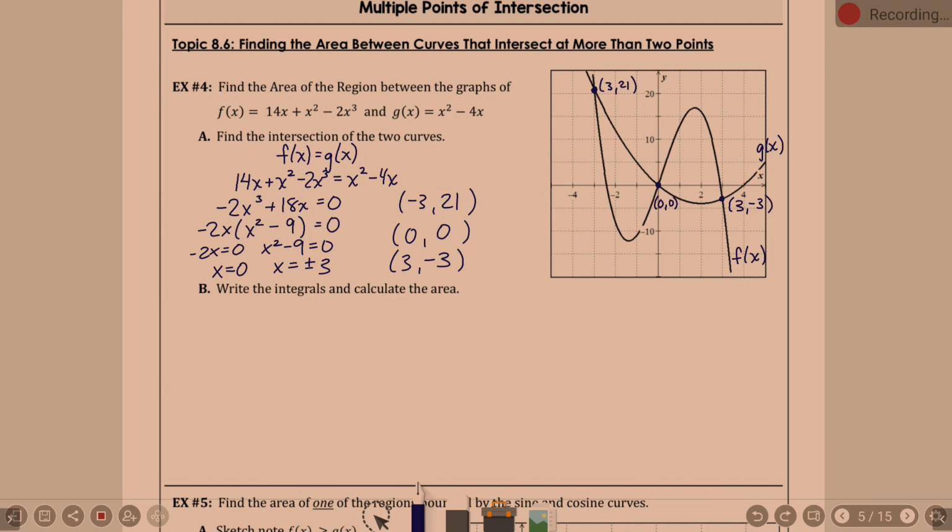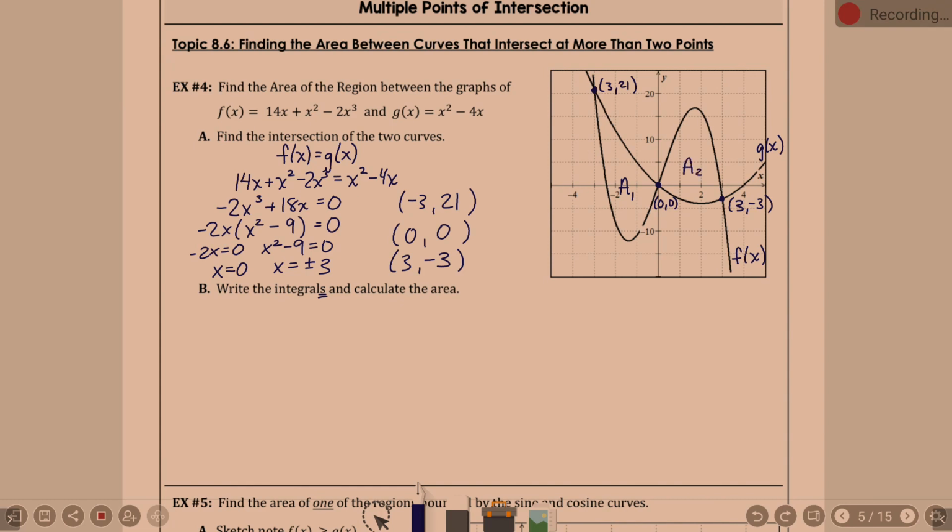We are supposed to write the integrals and calculate the area. Did you notice what it says here? Integrals. Why does it say integrals? Because there's 2 of them. There's more than one area. You'll often see them talk about A1 and A2.